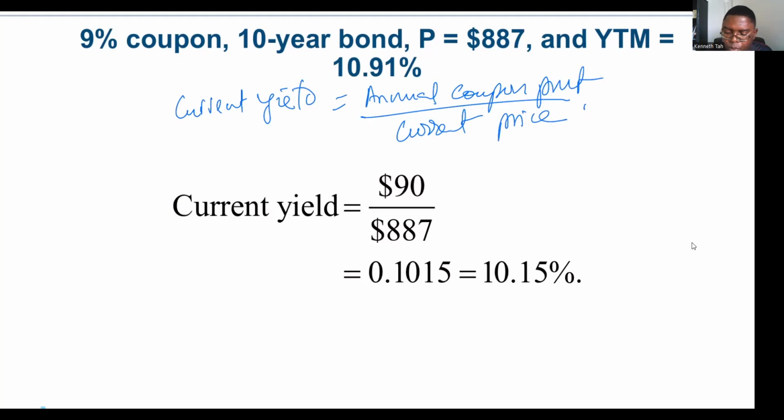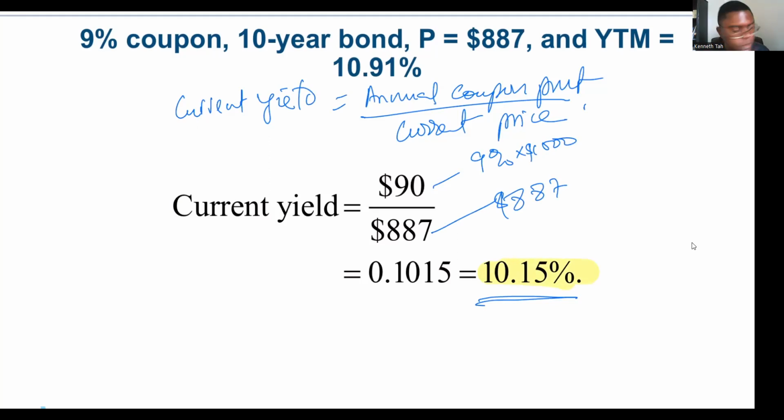So annual coupon payment is going to be 90 because it is 9% of 1,000. And then the current price is 887, which means that the current yield is going to be 10.15%.